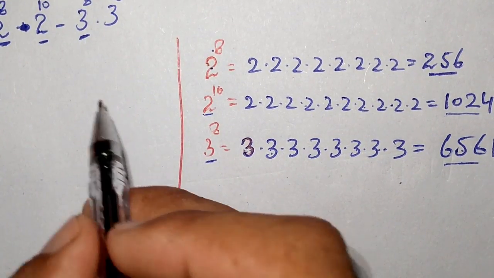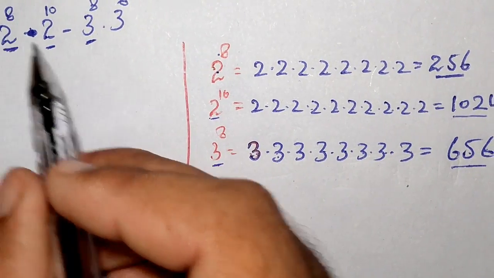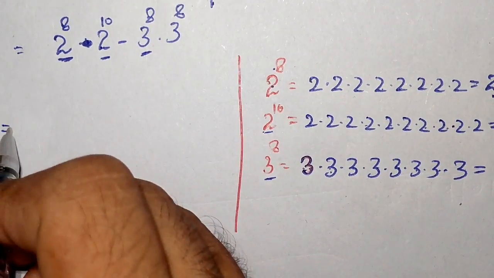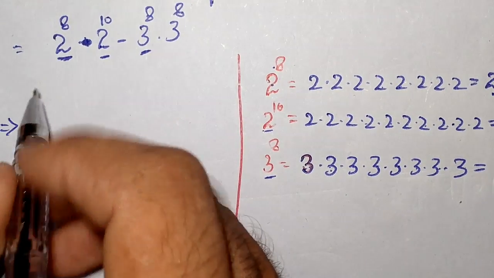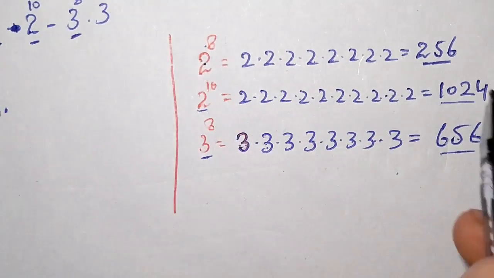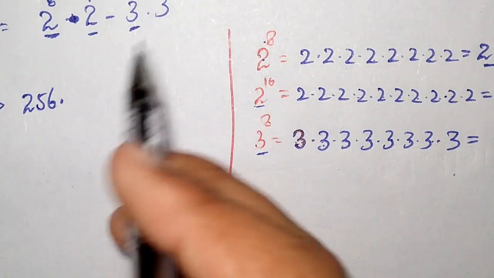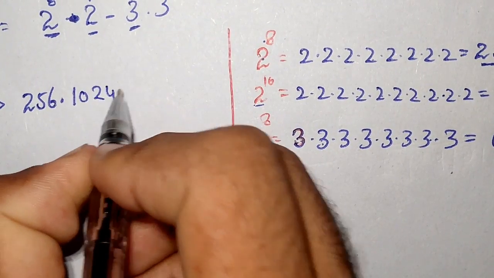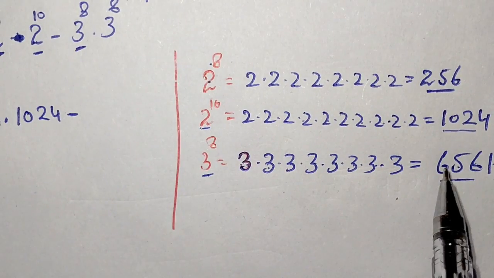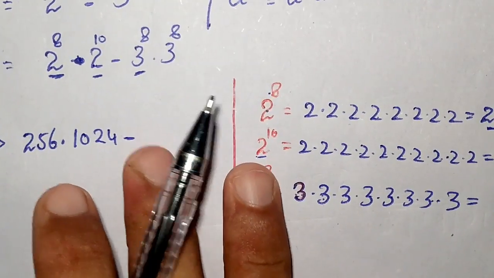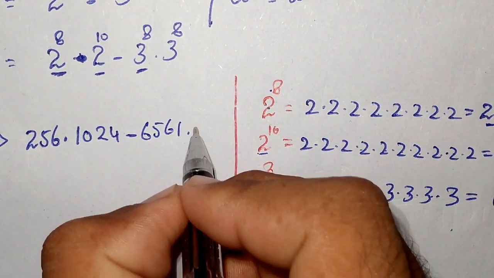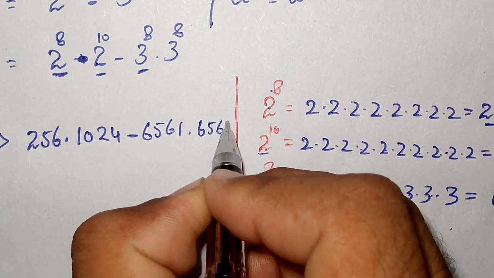So here we know that 2 to the power of 8 is equal to 256, times 2 to the power of 10, which is equal to 1024, minus 3 to the power of 8, which is equal to 6561, times 3 to the power of 8, again 6561.